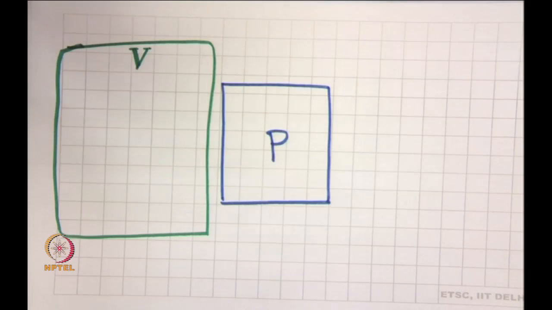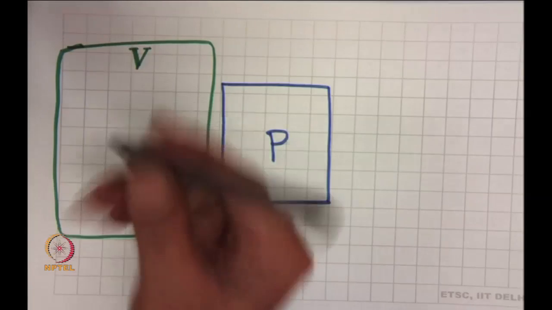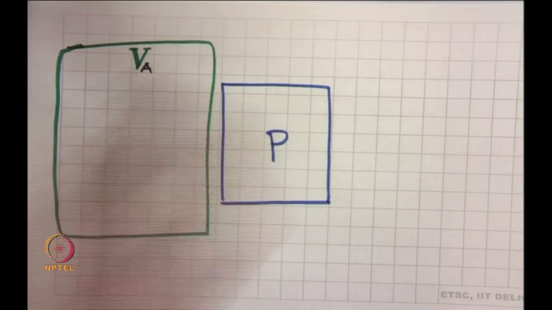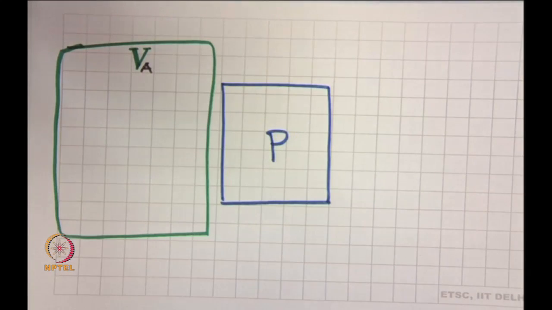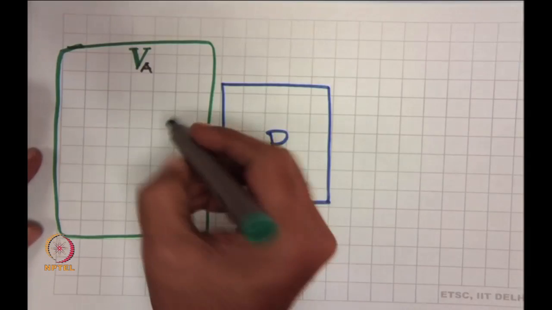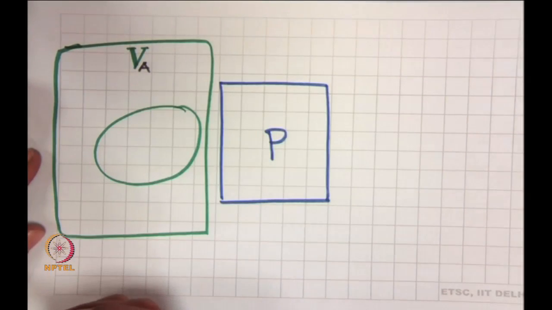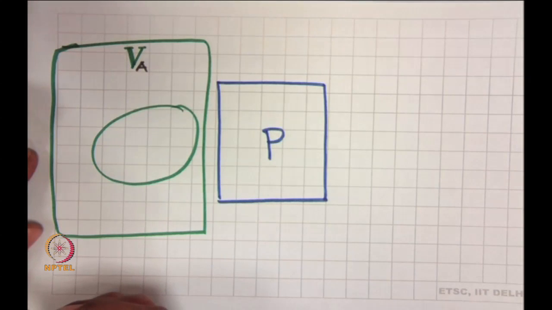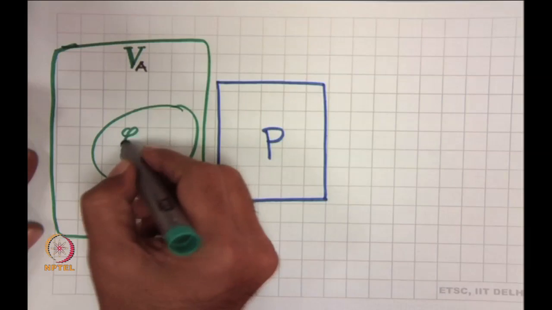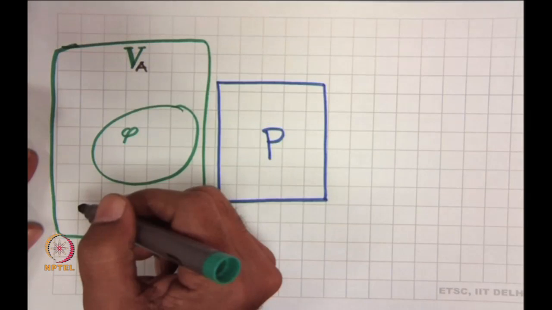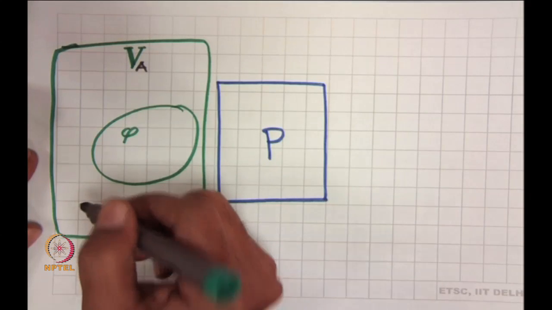So, essentially this bold VA, think of it as the set of all possible valuations, of which there is some subset, okay, of these valuations which satisfies some property phi. Okay.